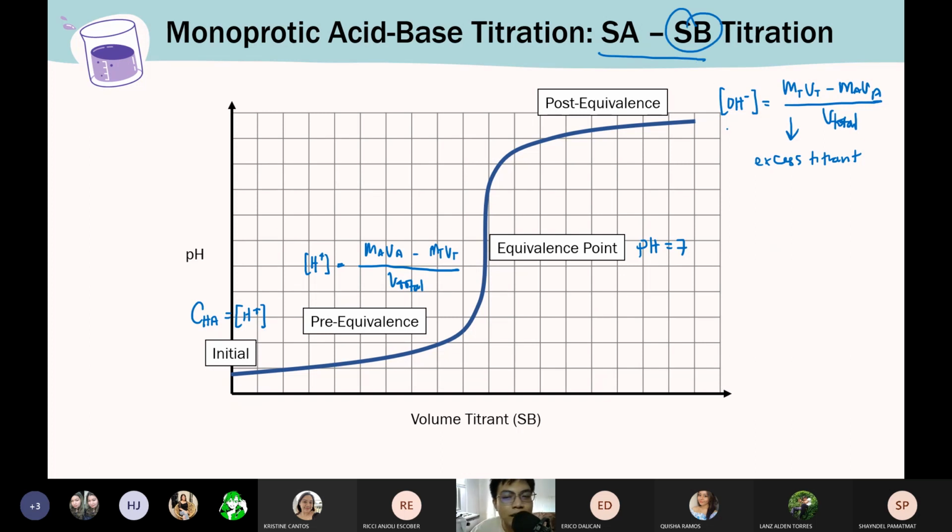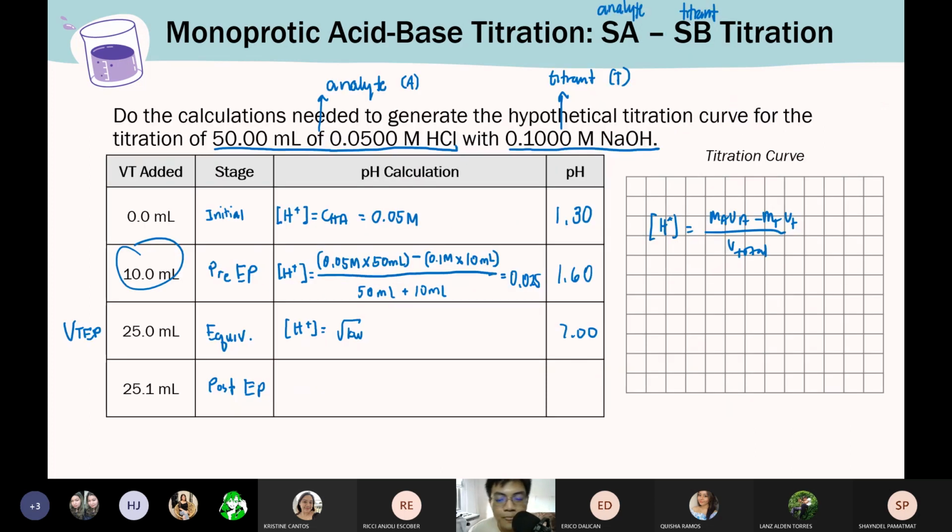So, we are actually getting the OH concentration, not the H+. Kasi base yung titrant eh. OH yun ang kuha natin. Baka kasi mamaya isipin nyo H+ pa rin yan. Magpapalit lang sila ng position.